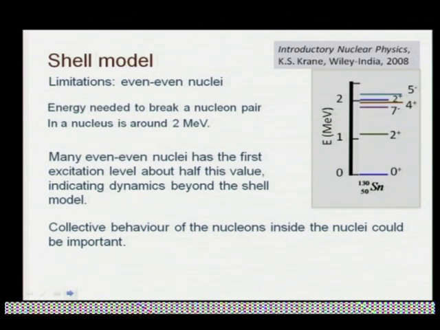For the even nuclei, in fact, people worked without the shell model, considering only collective models. So, in such cases, the excited state will have other modes to be considered, collective modes. We will come to that in a little moment.